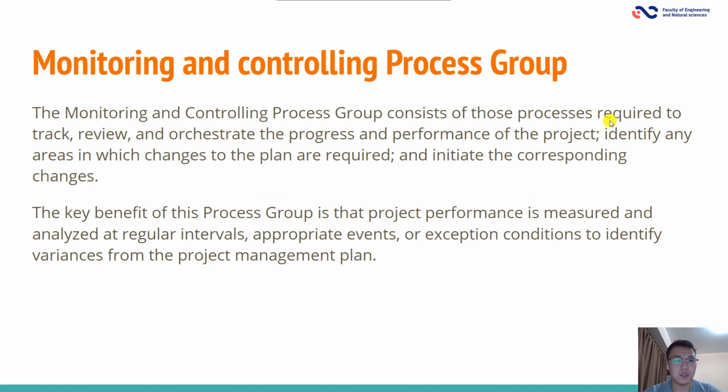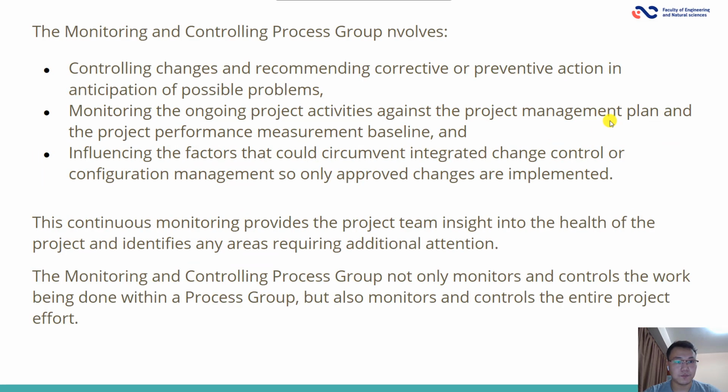Monitoring and controlling process group. The monitoring and controlling process group consists of those processes required to track, review, and orchestrate the progress and performance of the project, identify any areas in which changes to the plan are required, and initiate the corresponding changes.